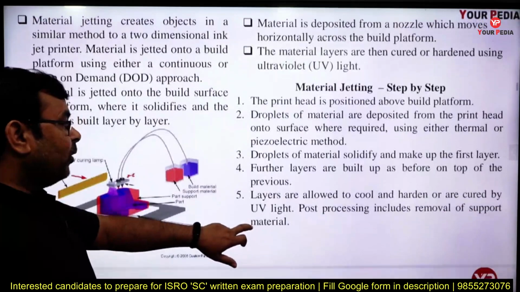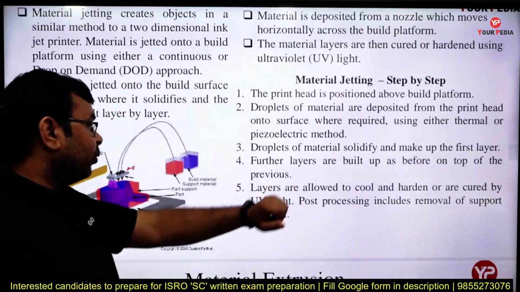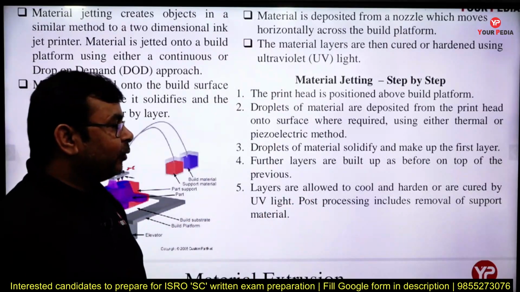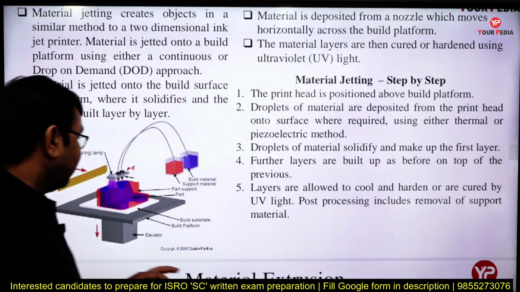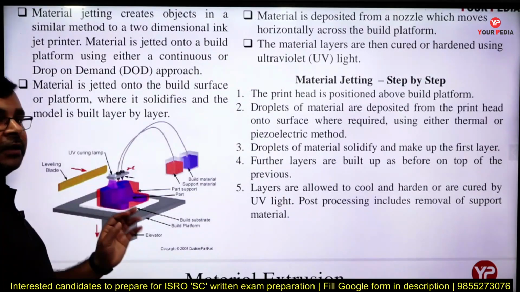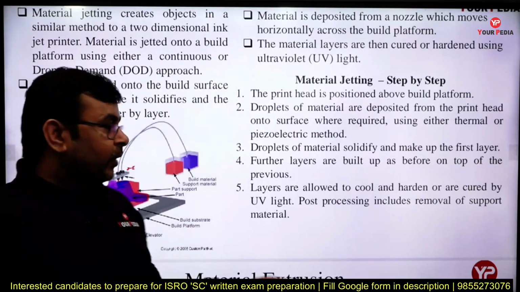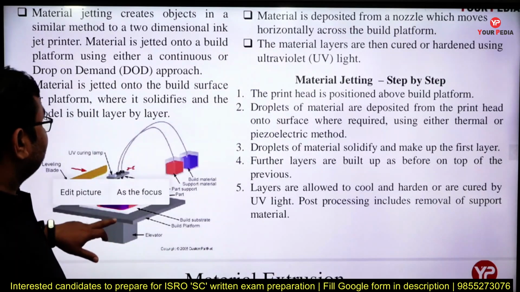Layers are allowed to cool after deposition, or cured by UV light. Post processing includes removal of support materials. Whatever support material we have can be removed after completion of layer deposition, correct.